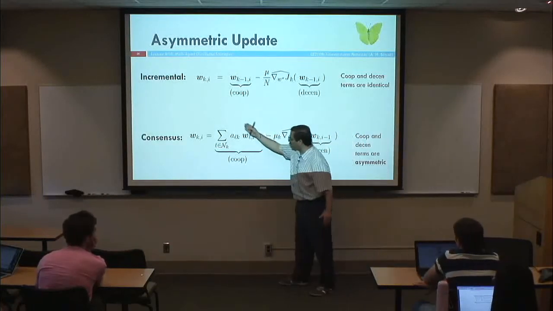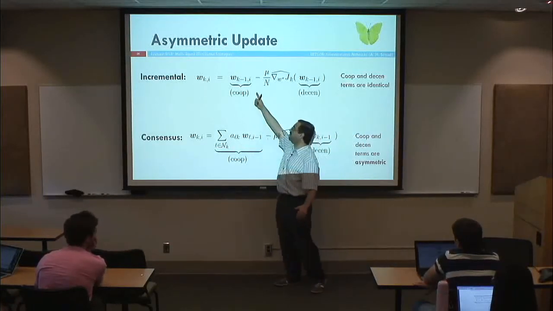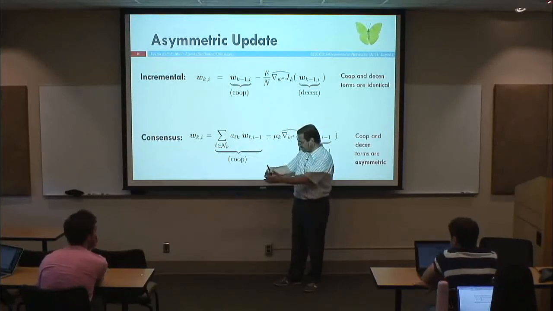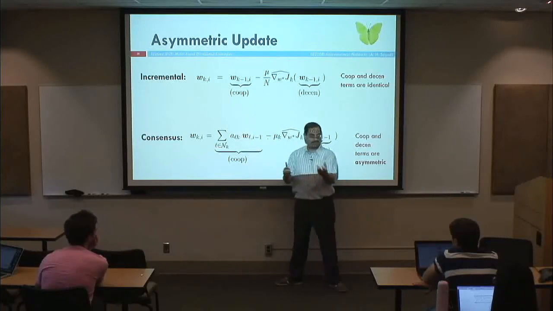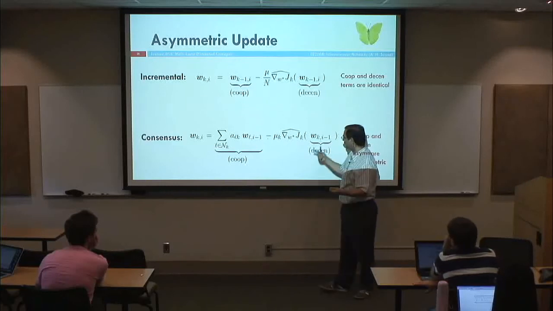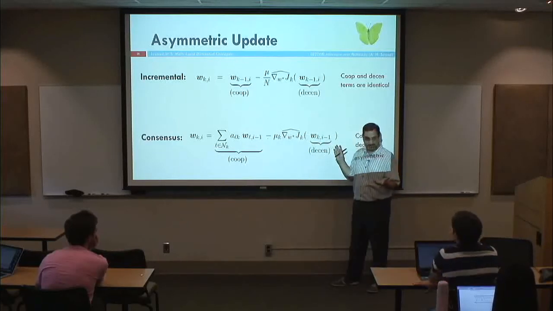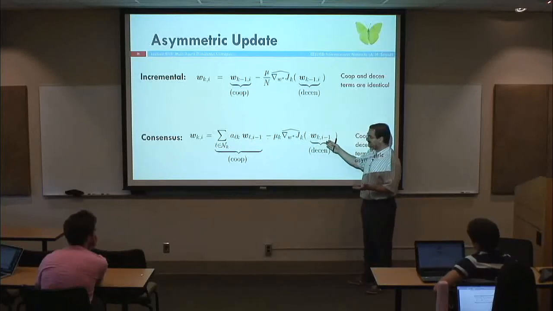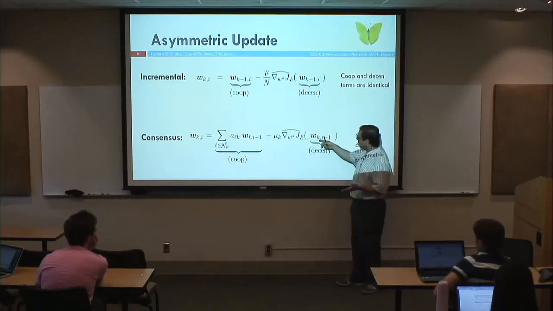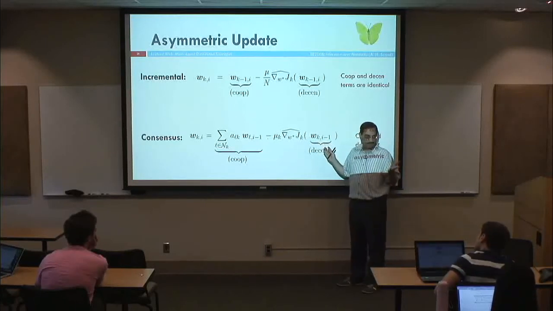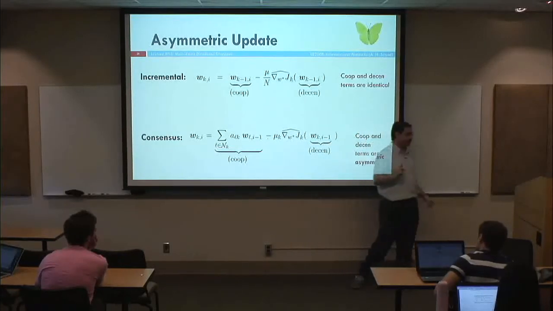We replace this cooperation by an enhanced form of cooperation. I'm still looking at my neighbors: tell me what you have, I'm going to combine them and use that as a better initial estimate for applying the gradient descent direction. So this is cooperation. And this is, of course, decentralization, because this agent only needs to know its own estimate to be able to move along that direction. So this helps with decentralization.